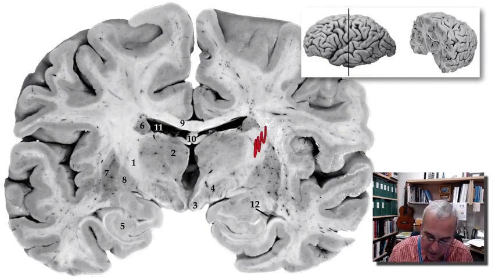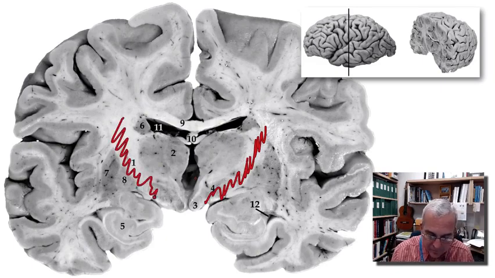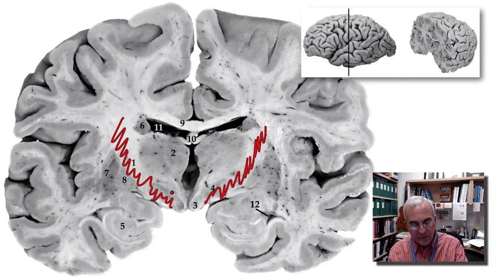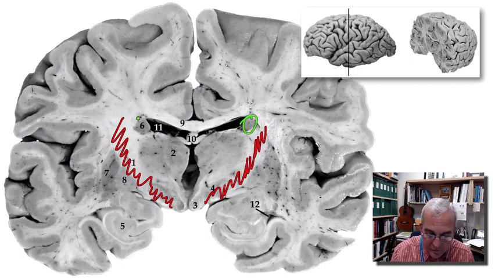Here is our internal capsule that's streaming into the region of the cerebral peduncle. And on the medial side of that capsule, we expect to find the caudate nucleus, which is this little bit of gray matter here. It's getting smaller because now we're developing that tail that's going to follow the course of the lateral ventricle into the temporal lobe.